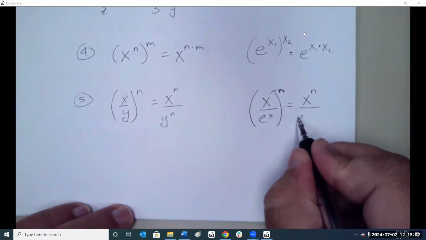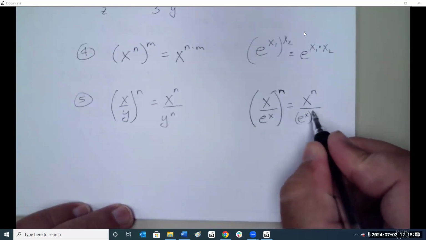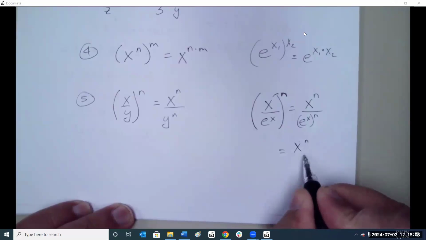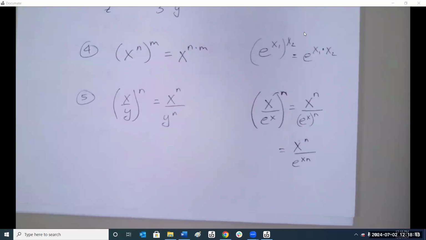And here I have e to the x to the power n, which means I would multiply, because I have a power to a power.